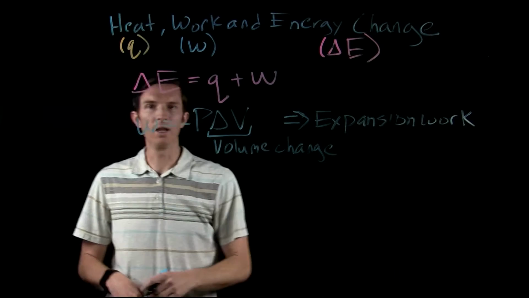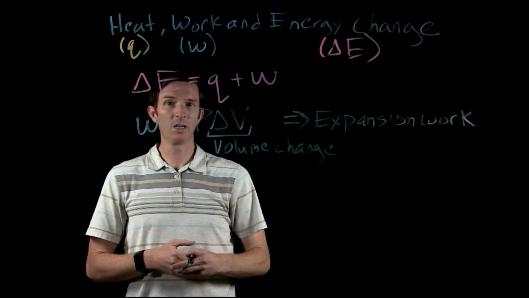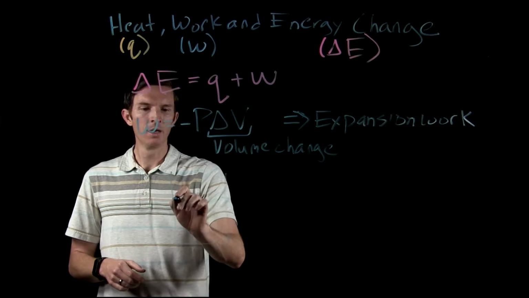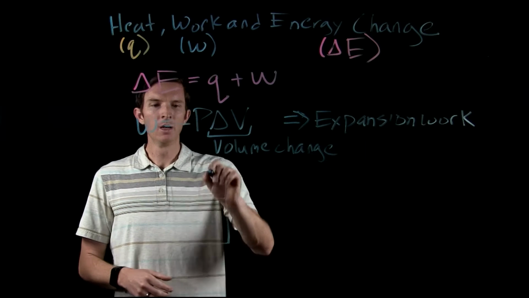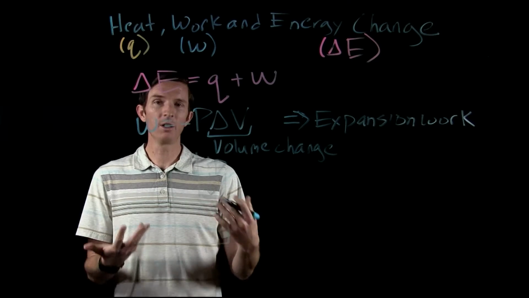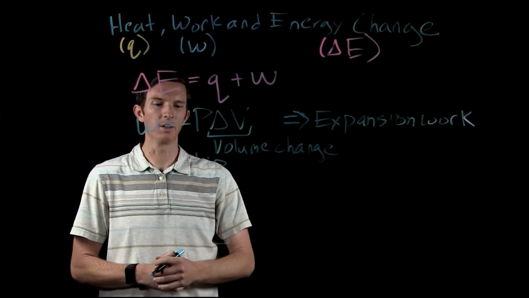So we can think about a reaction expanding or contracting. We have a container here, and maybe a movable piston sitting on top of that. Sitting on top of this is a constant pressure. When we're talking about expansion work, it's got to have a constant pressure sitting on it. This is this P value here.